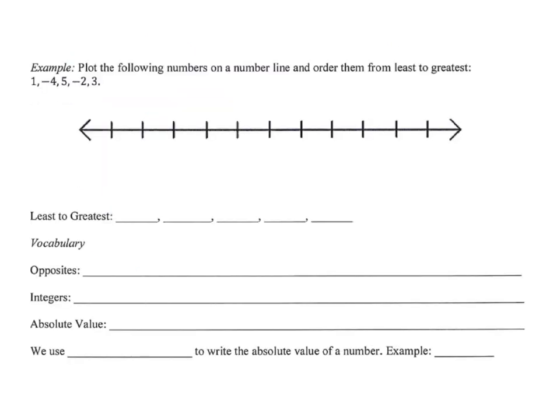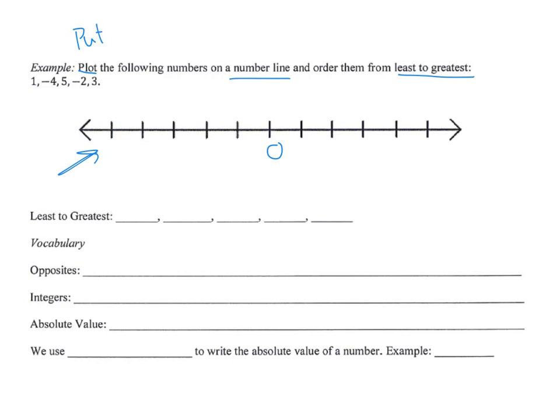Next example, plot means put the following numbers on a number line. This is what a number line looks like. And order them from least to greatest. So smallest to highest numbers. So first I'm going to put 0 in the middle.